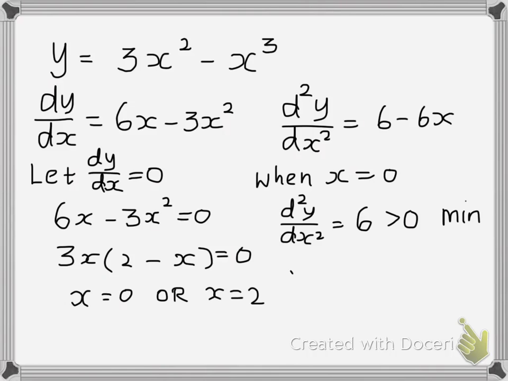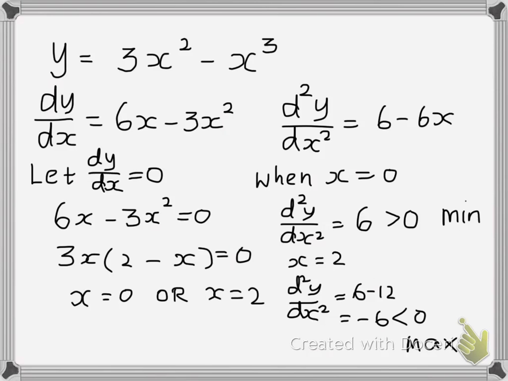Then you do it another time. When x equals 2, the second derivative is 6 minus 12, which is negative 6. Is negative 6 greater than 0? No, it is less than 0. Therefore, you have a maximum.